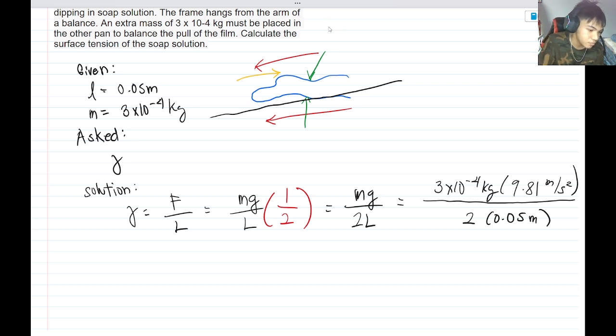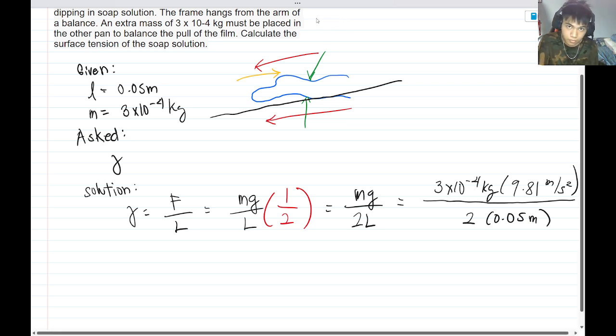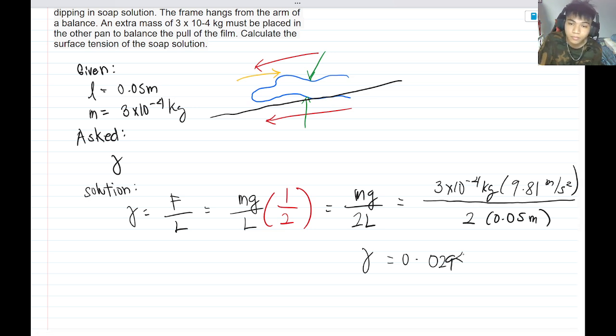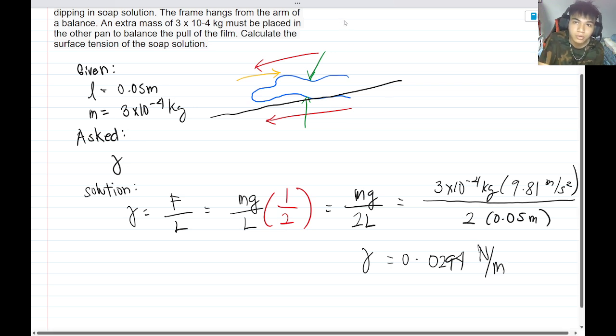Okay? And ang ating magiging answer dito would be 0.0294. This is Newton per meter. Yun yung unit natin dito.